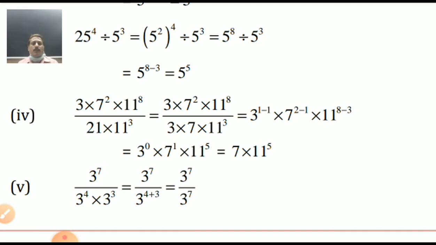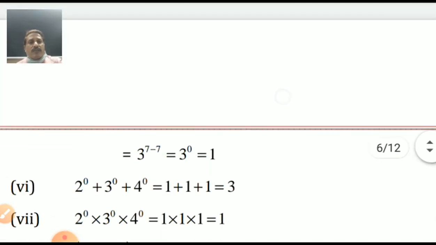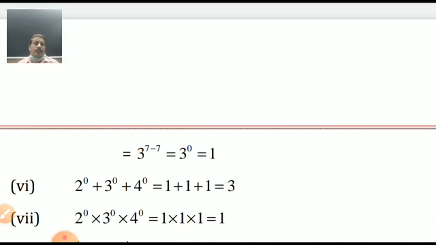Here 3, no problem. First divide signs. Add it. 7, 7. We know both the numbers are same. What will we give here? The answer will be 1. See the fifth answer, how did 1 come? 3 raised to 7 minus 7 is equal to 3 raised to 0. Just now I said 2 raised to 0 is also 1, 3 raised to 0 is also 1, or 30 raised to 0 is 1. Okay? Any number raised to 0 is 1.